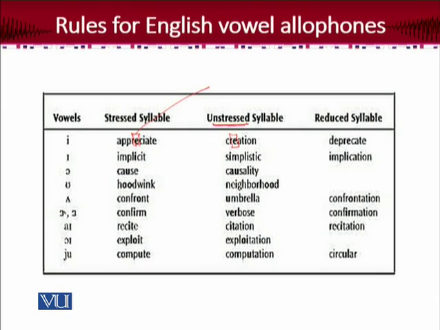This is the allophone of the same E vowel, and when it is stressed it is very predictable: it is longer and louder than the unstressed one. And similarly in the reduced form, these are three allophones of the same vowel, right? So these vowels are really important to be understood by students of phonetics and phonology, and we can use such comparisons to understand the allophonic variation in vowels.